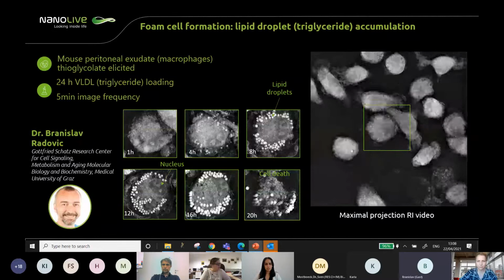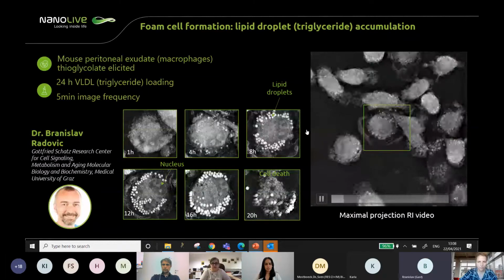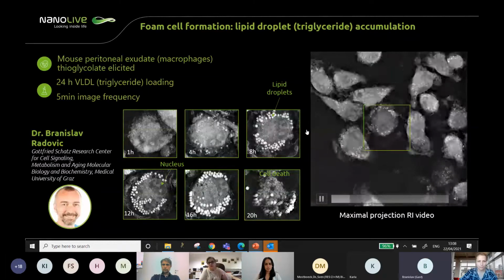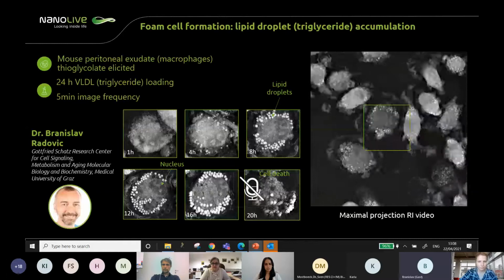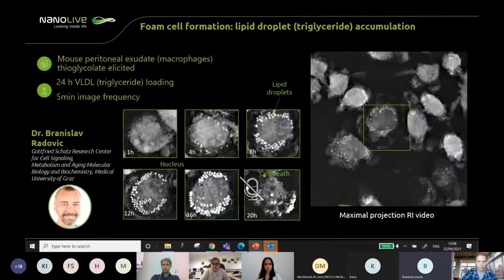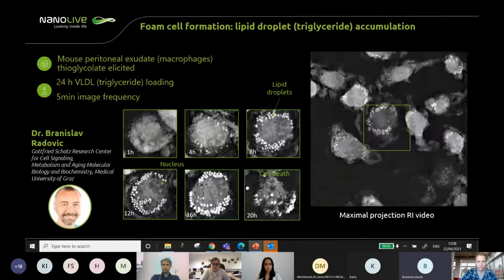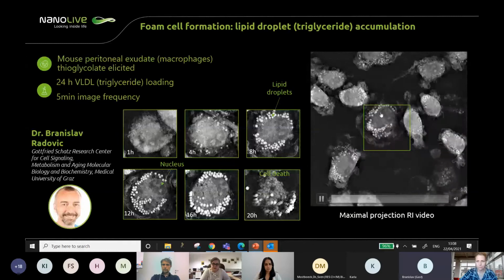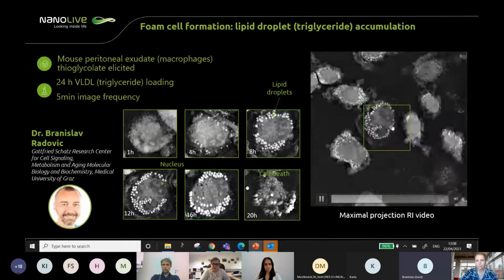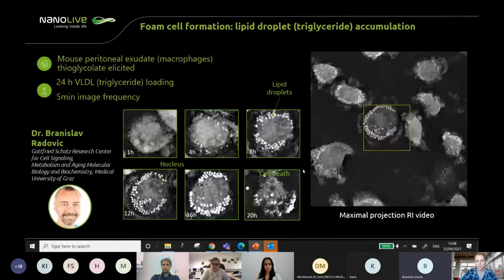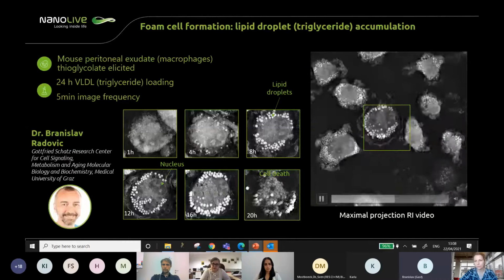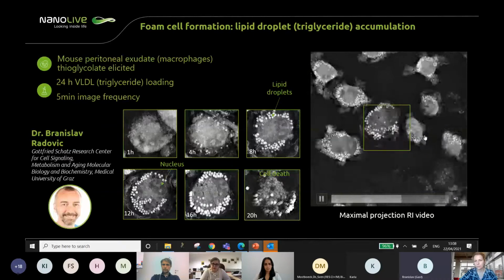After a while, if you go to the next slide, I think it's 12 hours or then 16 hours, you see more and more. If we focus on the cell in the middle, it's good to see that after some time they died, because there is already so much lipid inside that the cells cannot handle it anymore.